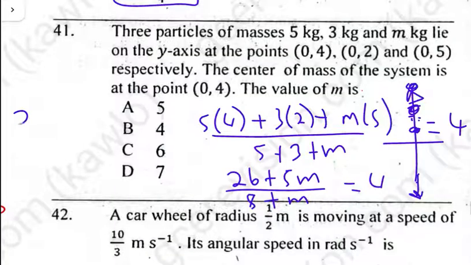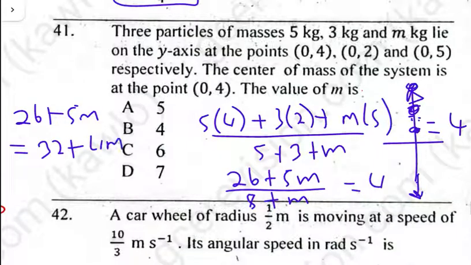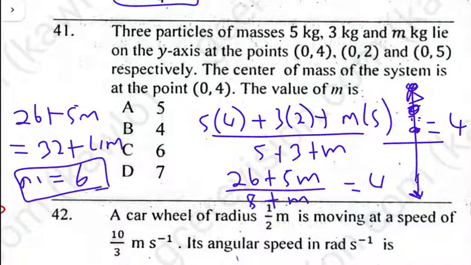So here we'll have 26 plus 5m equal to 32 plus 4m. So from here, m is going to be equal to 32 minus 26, which gives us 6. Yep, so it should be 6.